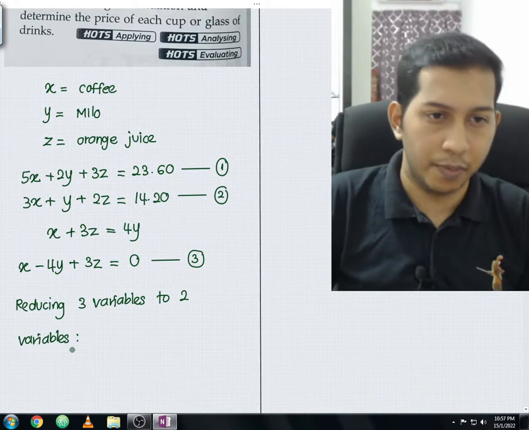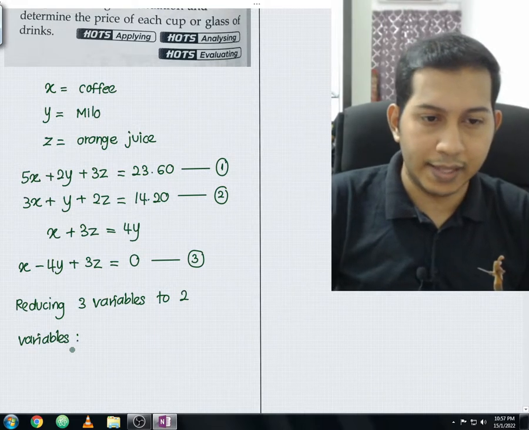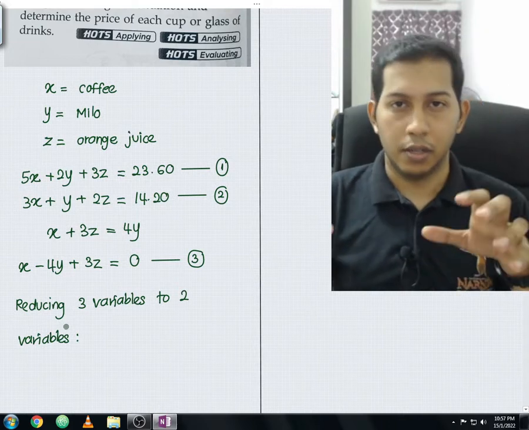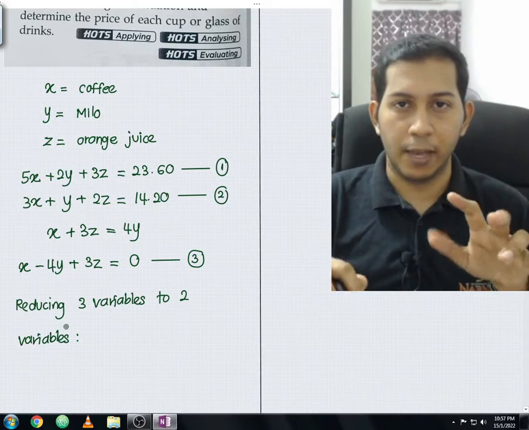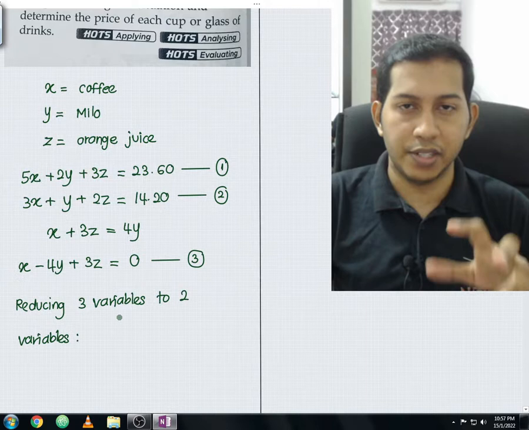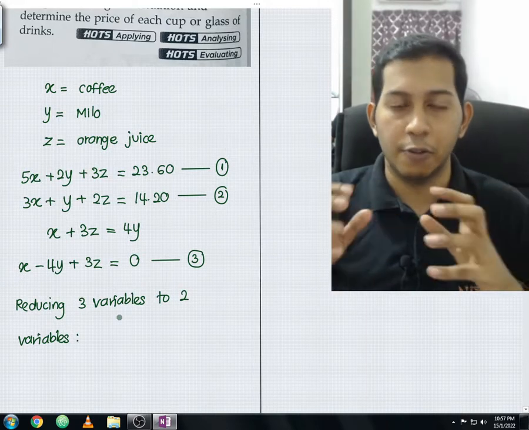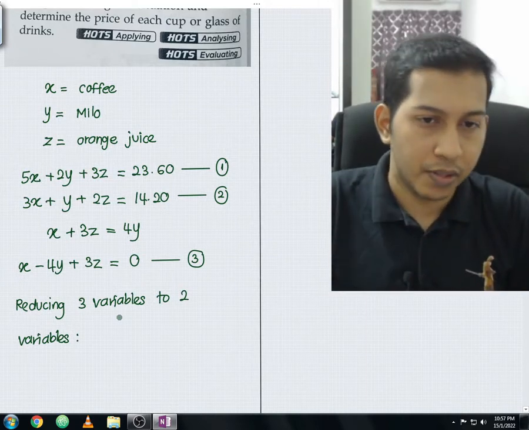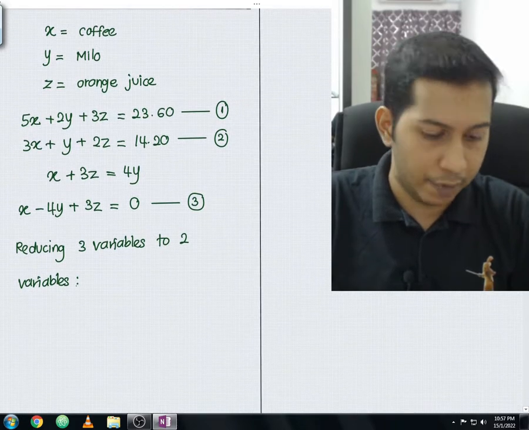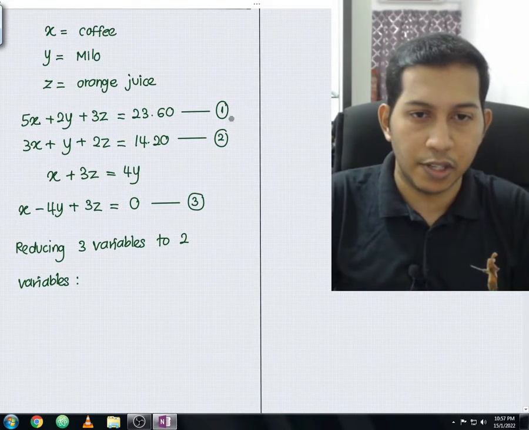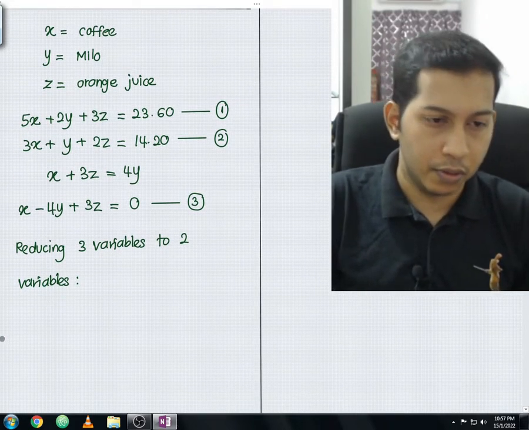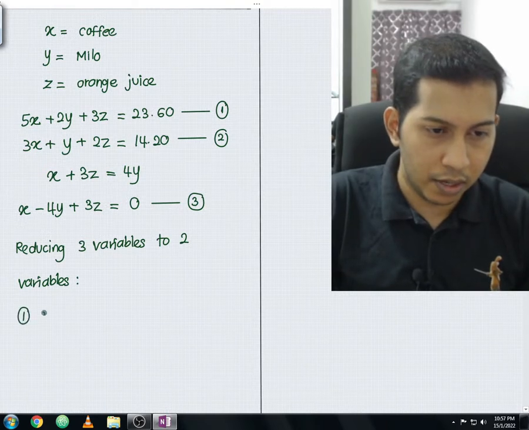Okay, so from here, like I said, in the process of reducing from 3 variables to 2 variables, you need to perform it 2 times. Okay, that means 2 operations which involve 2 equations each. Okay, so from here we are going to start with equation 1 and equation 2.